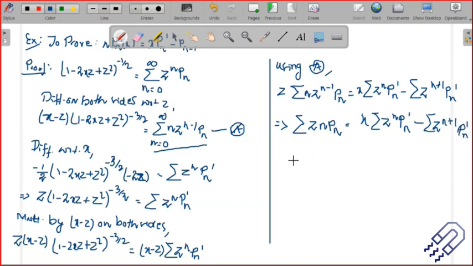Now check the technique. Now we have to equate the coefficients of z to the power n.